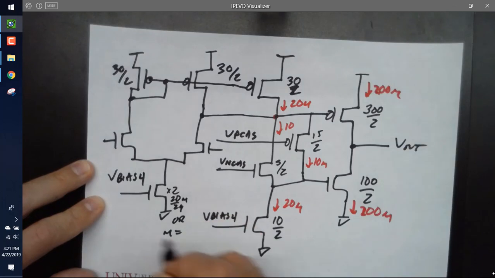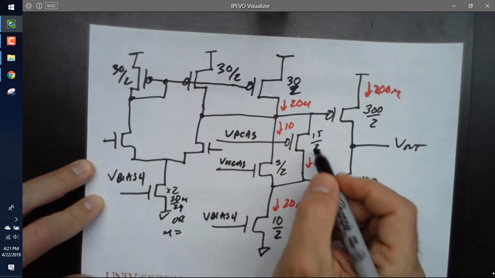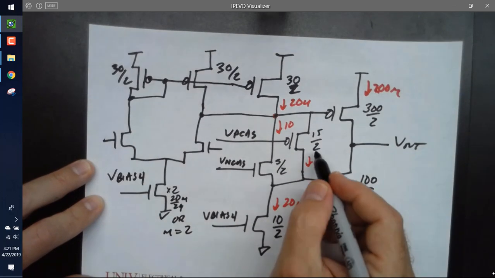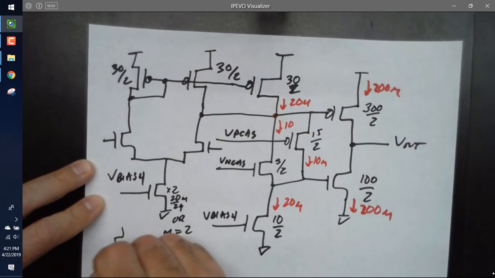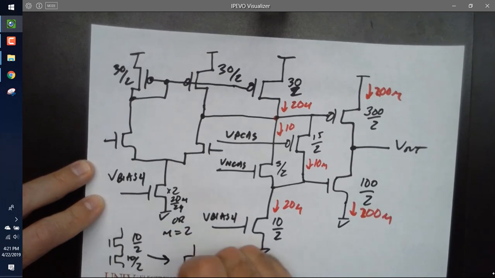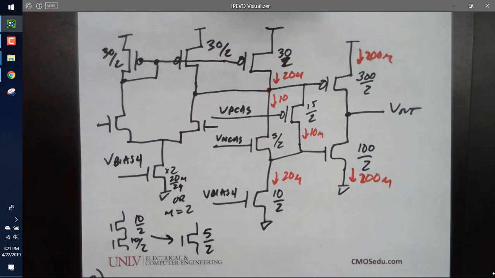I prefer, especially nowadays, just to replicate the transistors rather than adjusting the widths, except these. You can put them in series to get 15 by 2. So for example, if this is a 10 by 2 and this is a 10 by 2, that's equivalent to a 5 by 2. If you get a job at Qualcomm, for example, they will do everything in the most edge of the wedge process, like 7 nanometers.